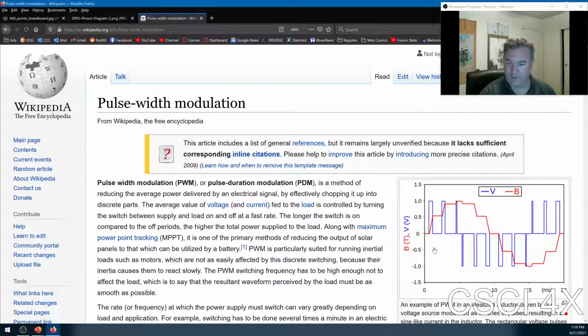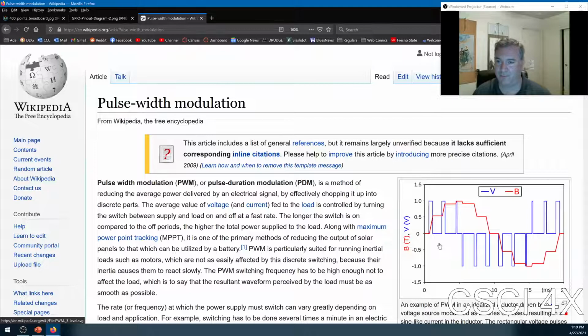What you can do is, imagine if you turn a switch on and off really fast, right? What happens is that rather than the voltage being 5 volts and 0 volts, if you turn it on and off really fast, it'll effectively be like 2.5 volts. So if you turn it on and off, 50% on, 50% off, and you do it really fast, then from the LED's perspective, it's not getting 5 volts as input, it's getting 2.5 volts as input.